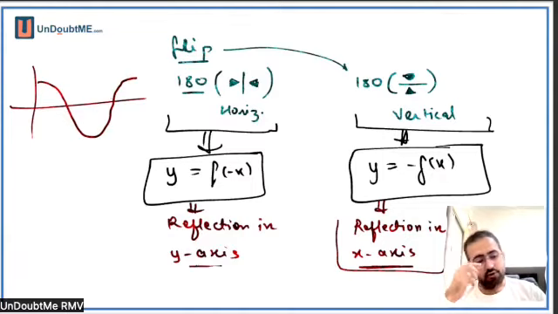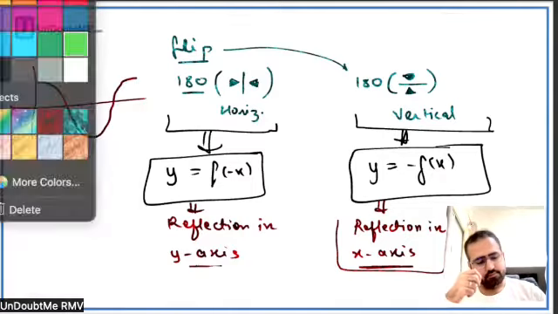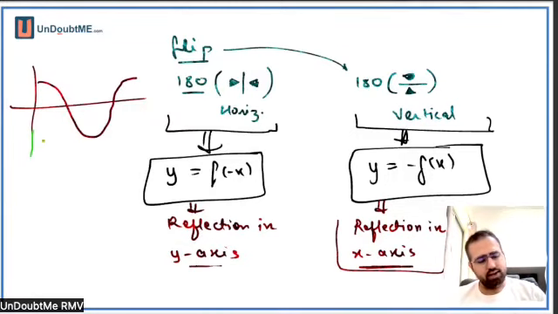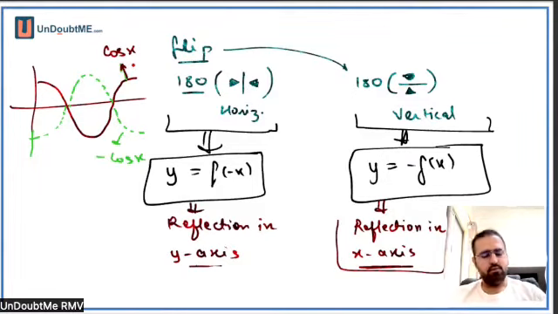If I draw the graph of minus cos x, it will be reflected like this. The green one is minus cos x and this is cos x. The same thing applies for all functions, so it is a general concept.